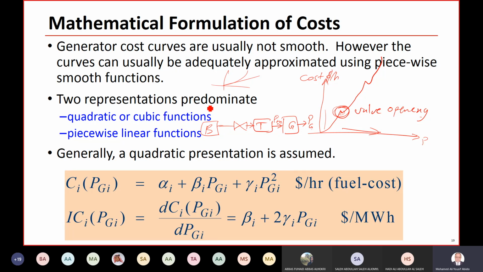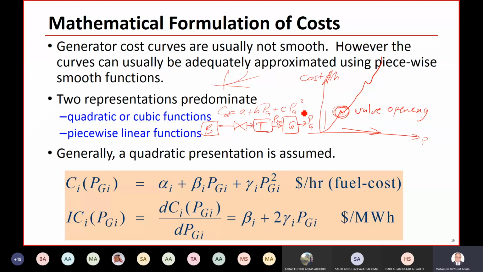Two representations predominate: quadratic or cubic function. The cost is a function of the power. You can say A plus B times the PG generated plus C times the PG generated squared. This is the cost function if it is quadratic.